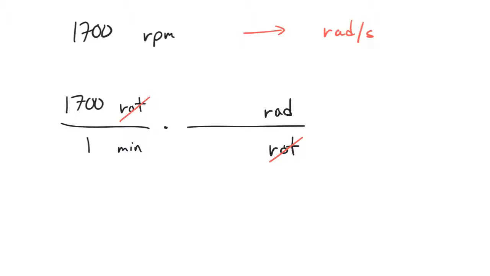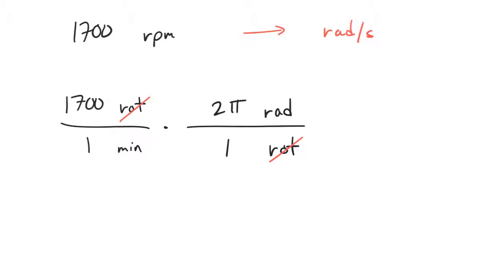Rotations and rotations cancel, but how many radians are in a rotation? What's the conversion factor there? 2 pi radians in 1 rotation. Good. Now I'm in radians per minute, but I want to be in radians per second.